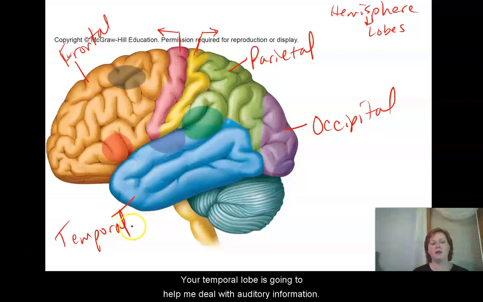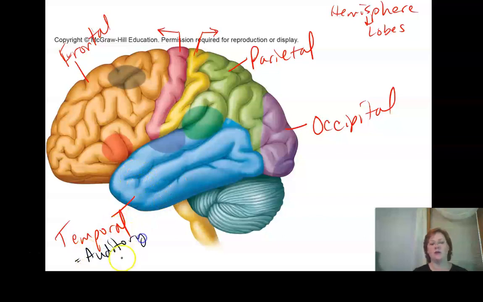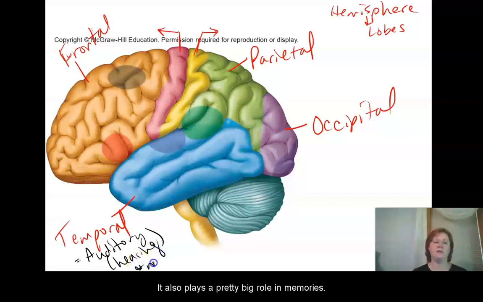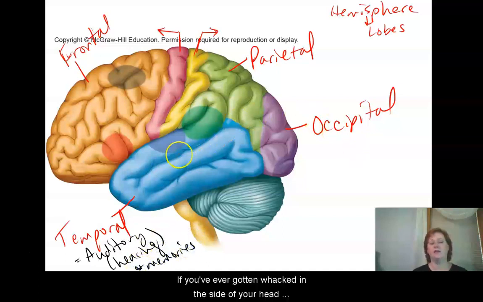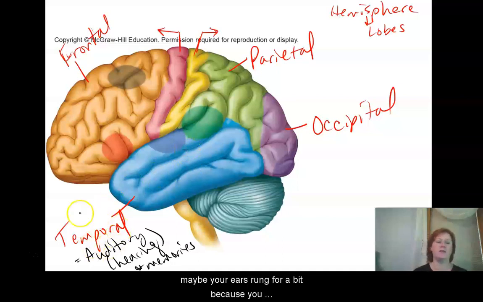Your temporal lobe is going to help me deal with auditory information. So that means hearing. It also plays a pretty big role in memories. If you've ever gotten whacked in the side of your head, maybe your ears rung for a bit because you overstimulated the temporal lobe.